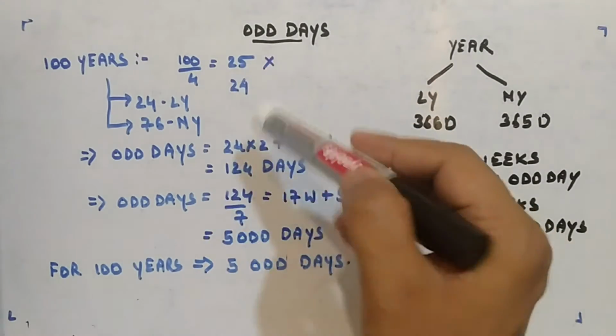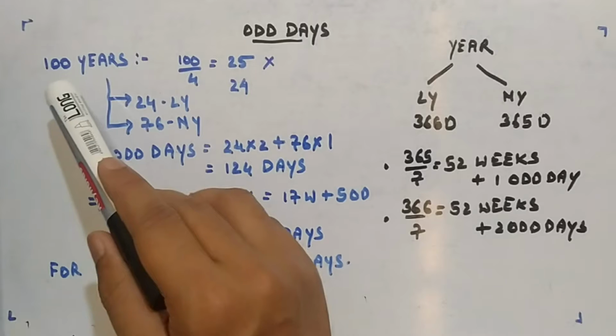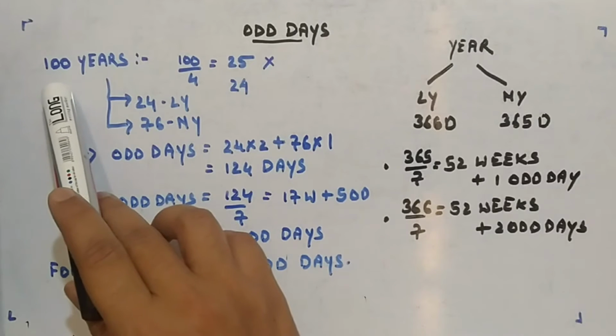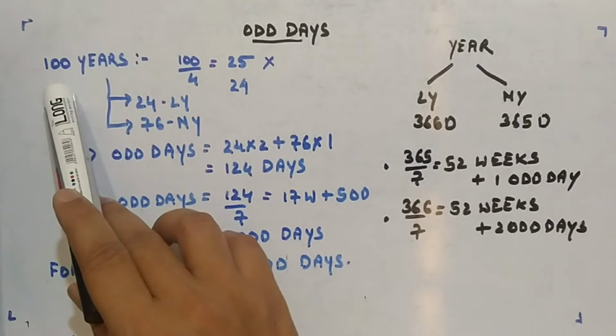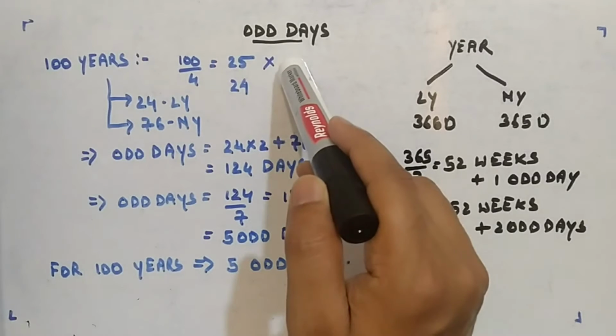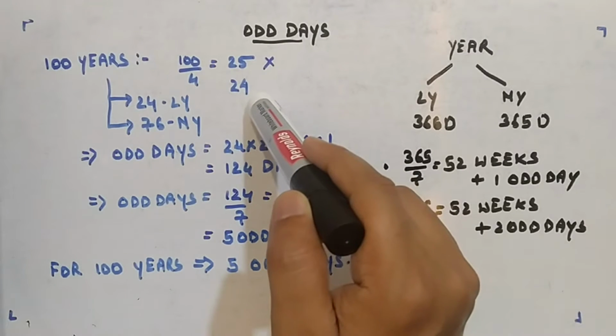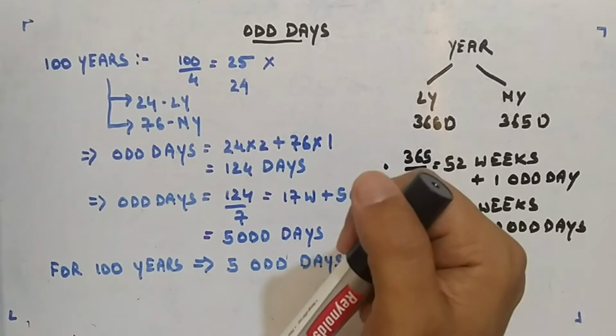It is telling 25. But it is including 100 as well, and 100 is a century year, so you have to check the divisibility by 400. It is not divisible by 400, hence you have to remove 1 and a total of 24 leap years will be there.